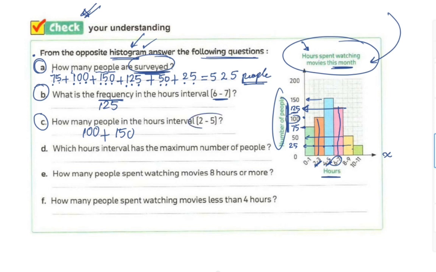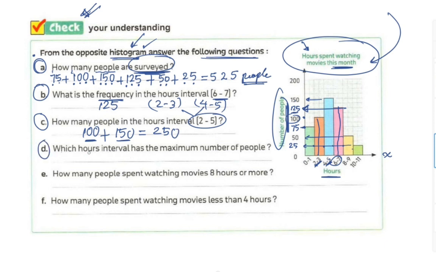So this interval has two parts, 2 to 3 and 4 to 5. 100 plus 150, add them, 250.